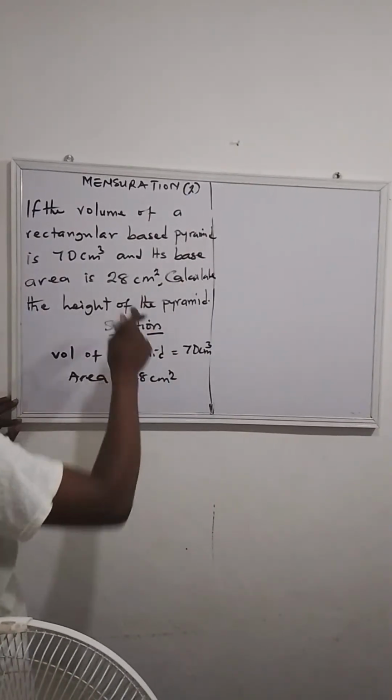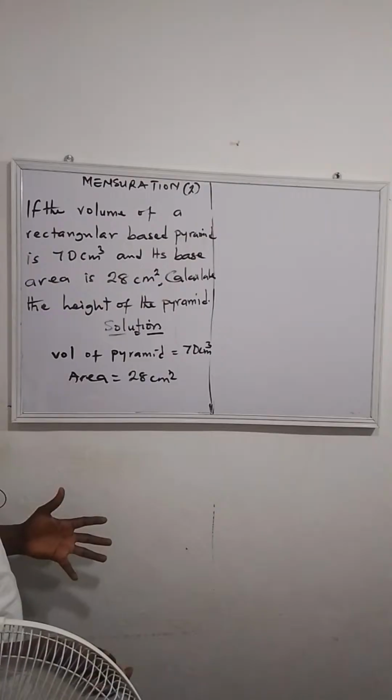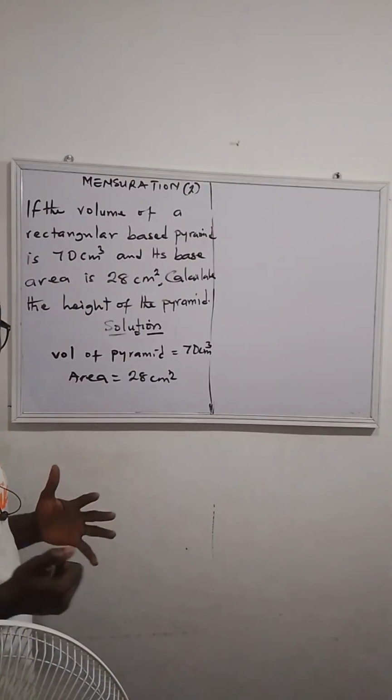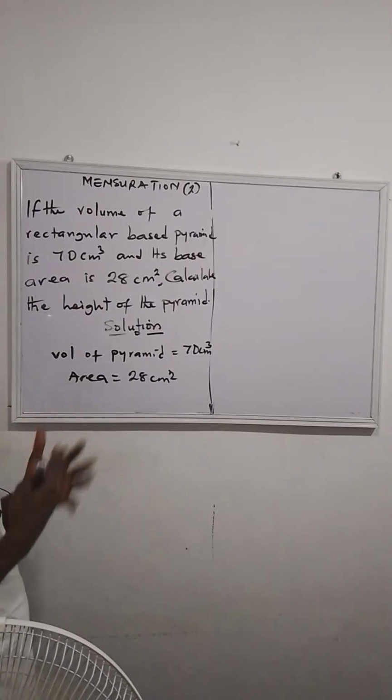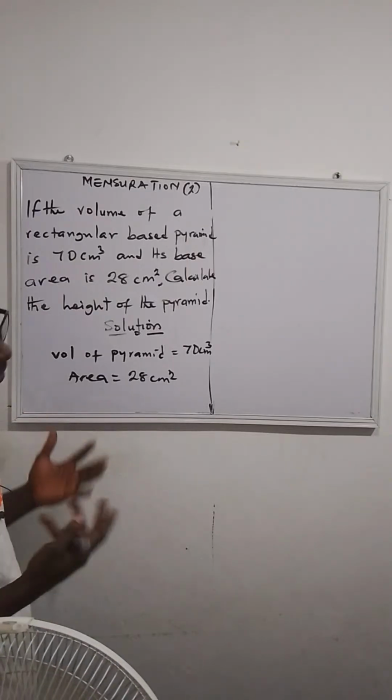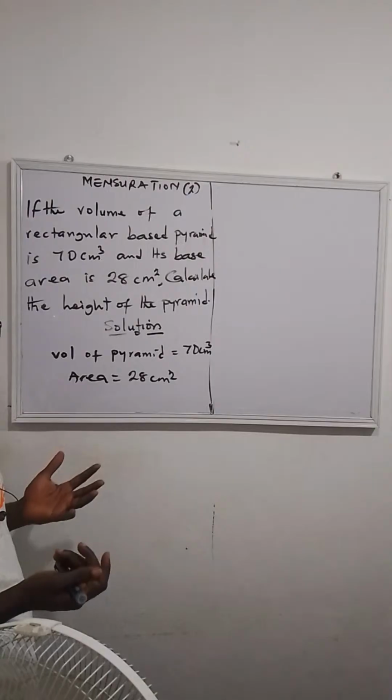Now the question is to calculate the height of the pyramid. It's very easy. All I need to know is the formula for calculating the volume of a pyramid. Once I know the formula, I'll just plug in the values and I get the height.